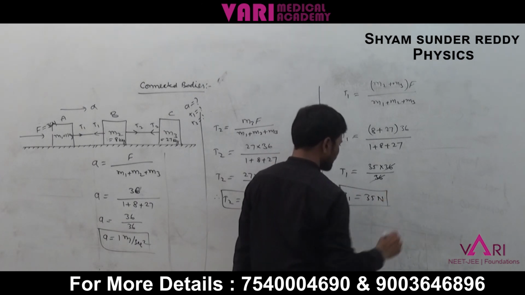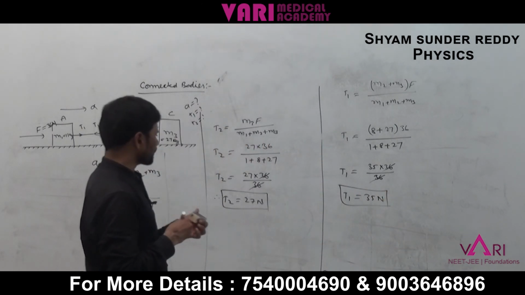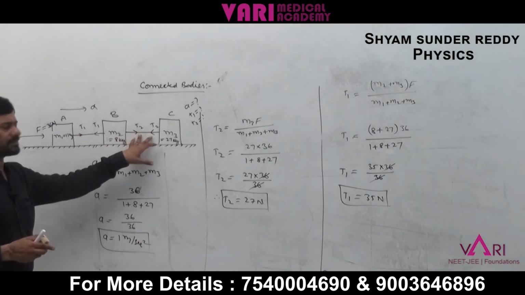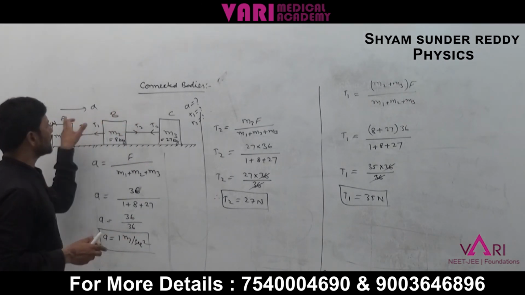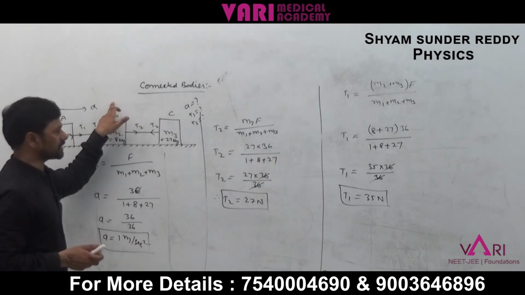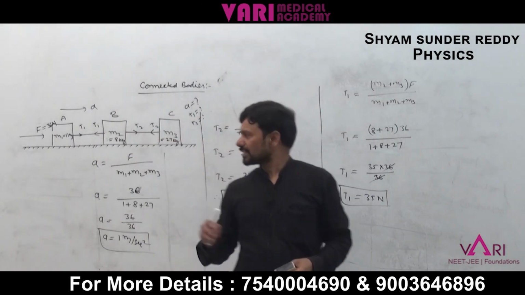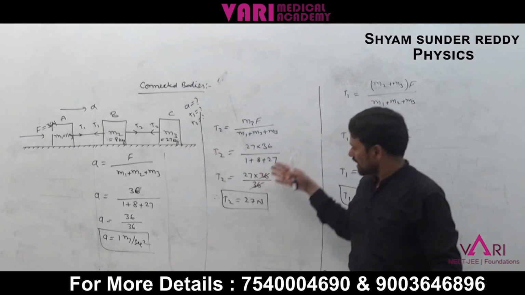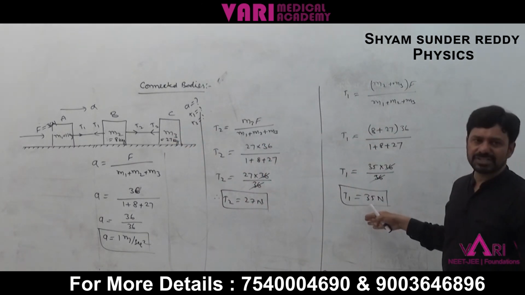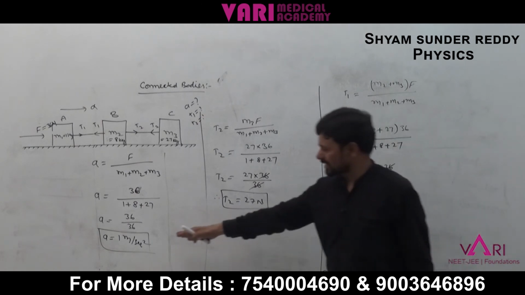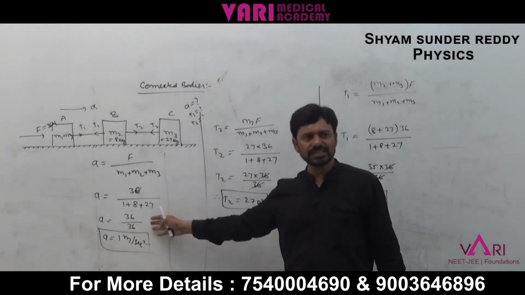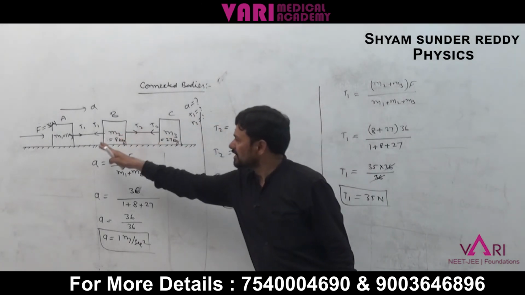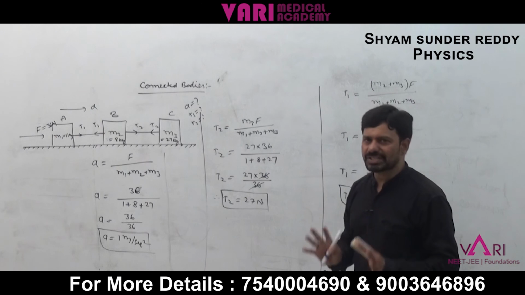This is the T1. So from this system, we are finding the tensions between the blocks as well as the acceleration of the system. Look at this. If the direction is changed, then the T2, T1 values will be changed, but the A value is constant. We are getting the same A value. If the applied force is from this direction, then the T1 value, T2 value will be changed.